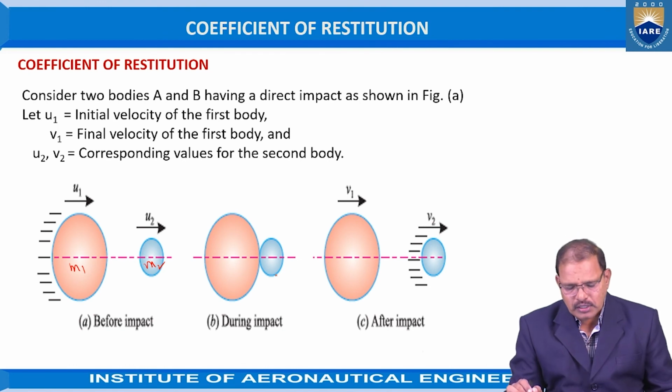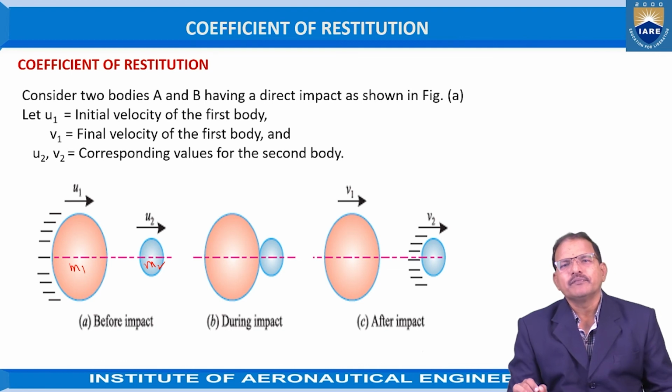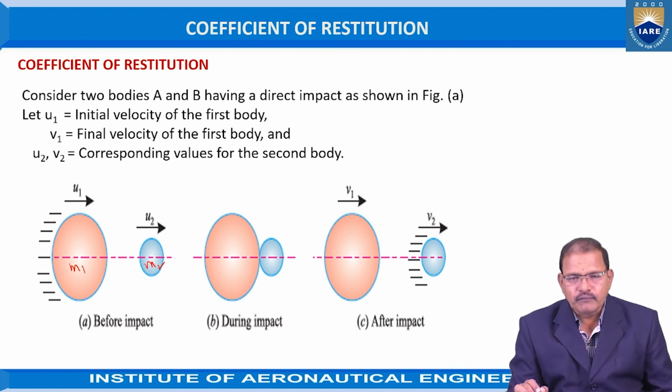In this process, the velocity of approach is given by u1 minus u2. After the collision, first compression takes place. After that, it regains its original shape because of the property of elasticity. Now again they separate with velocities v1 and v2. Then the velocity of separation is given by the difference v2 minus v1.